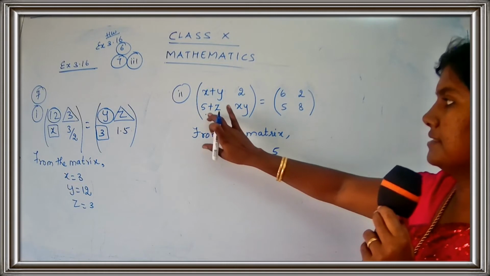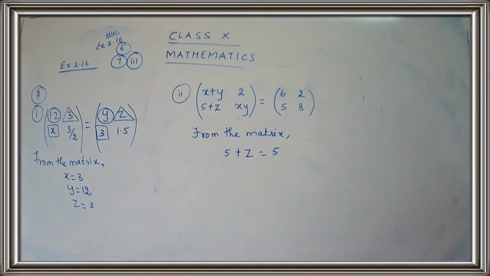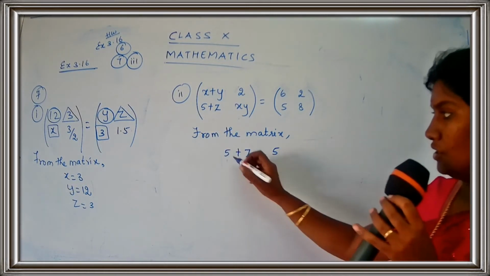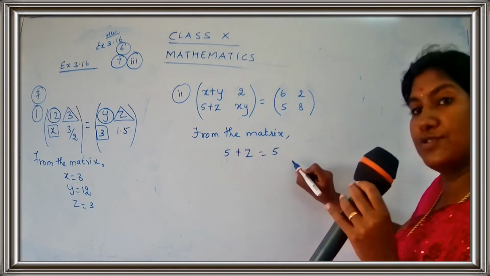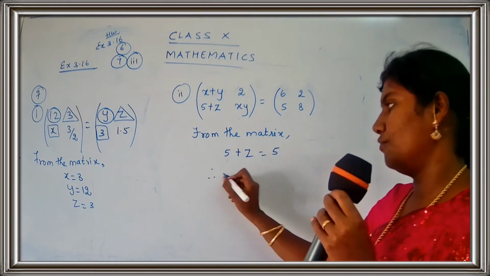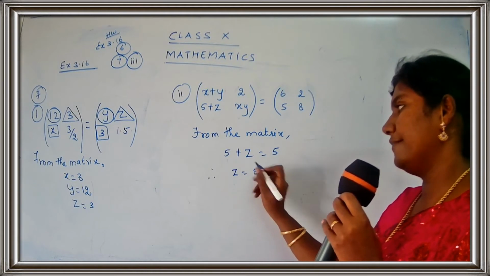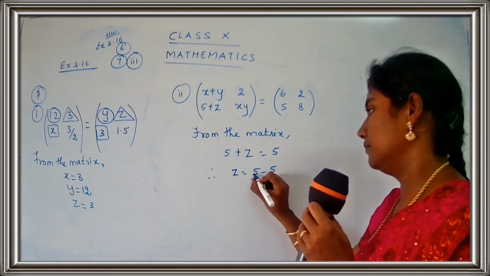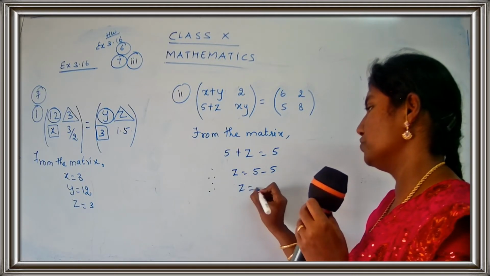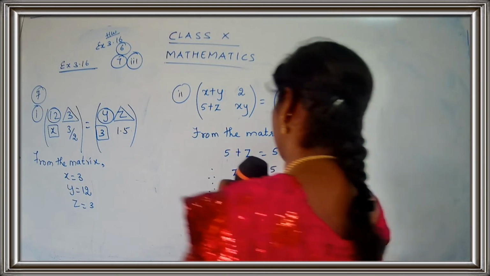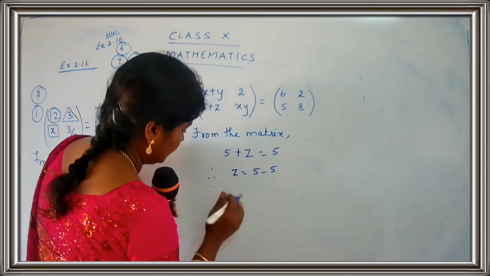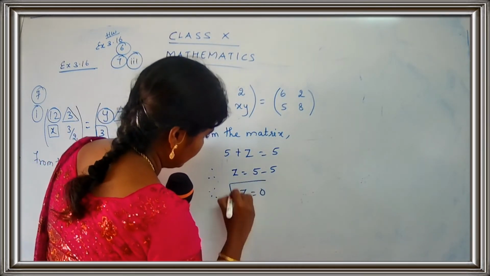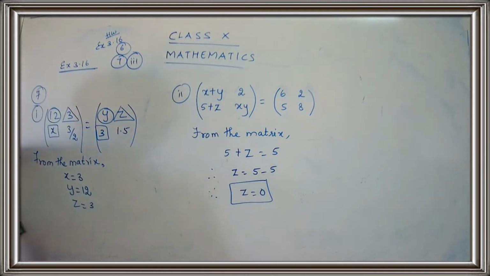From the matrix, 5 plus z is equal to 5. We know how to solve it, yes children? So this is plus 5. When plus 5 comes to this side, it becomes minus 5. Therefore, z is equal to 5 minus 5. Therefore, z is equal to 0. So we have got one value. Highlight your answers children. I have found the value for z. Z is equal to 0.